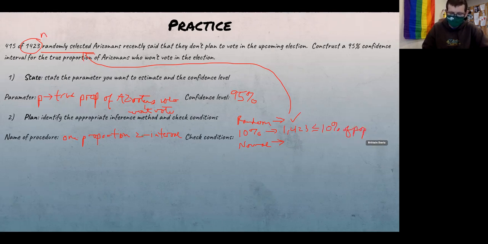Is it normal? In this case, does it meet the large counts condition? So now we do n times p hat, and n times 1 minus p hat. Now, remember, we're essentially going to get the 415 when we do n times p hat. So that's 415, and then whatever's left over out of that.